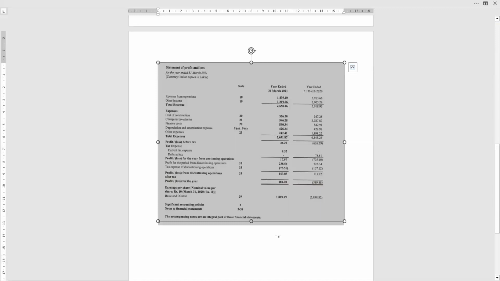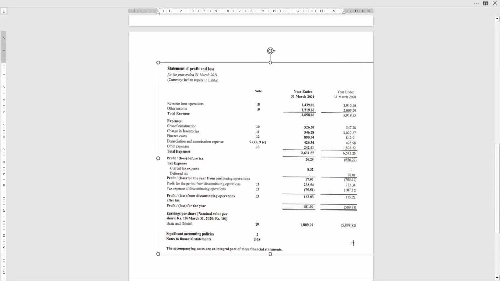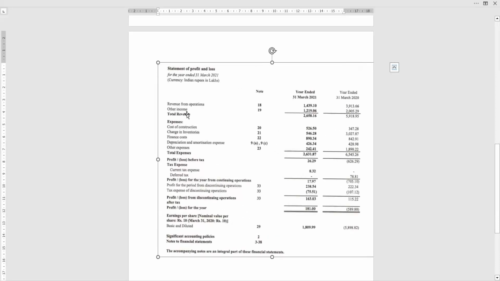See here, the same format is maintained, and here profit for the period from discontinuing operations, schedule 33. In schedule 33, this balance sheet I have prepared, the figure breakup is given in the same fashion.